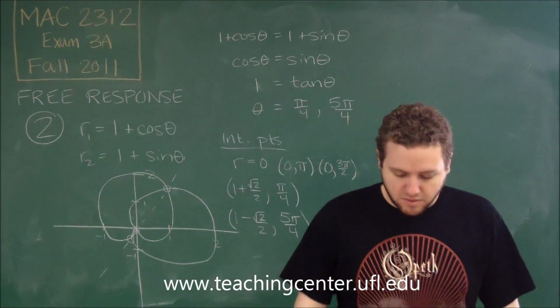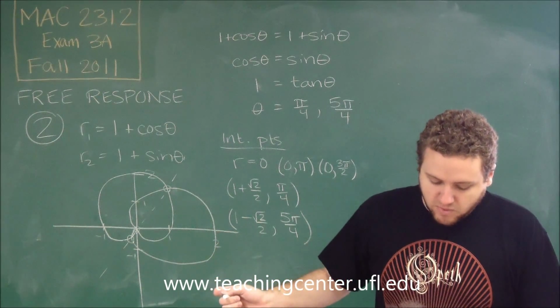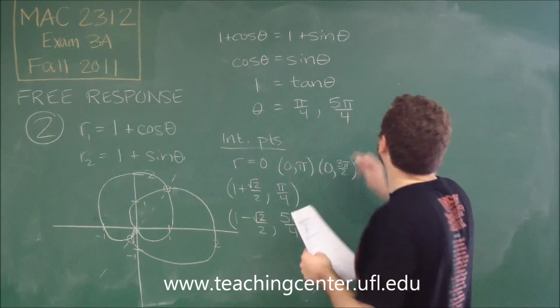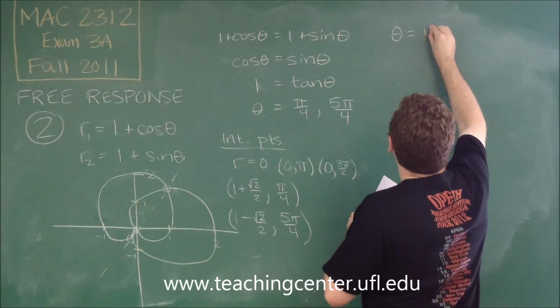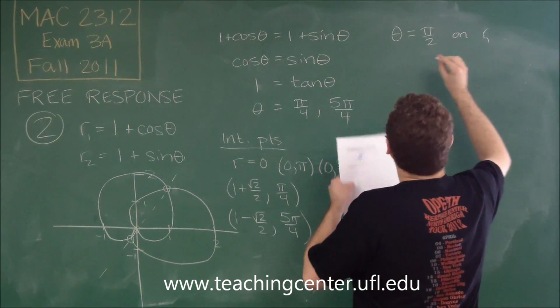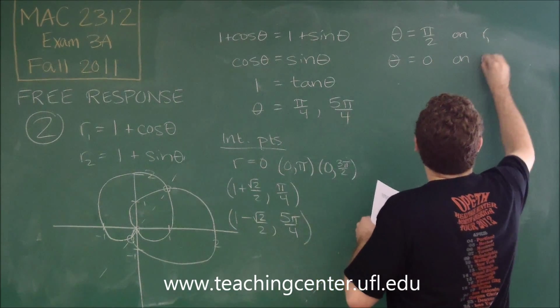So we were also asked to list the intersection points as well as a couple of other points. So first we have, where is theta equal to pi over 2 on R1 and theta equals 0 on R2.